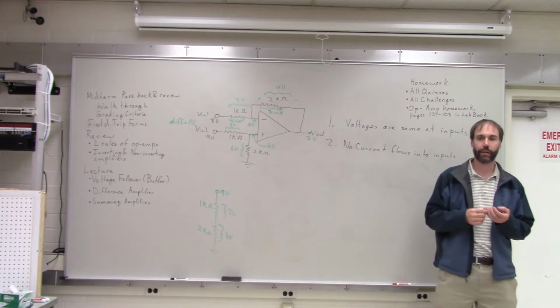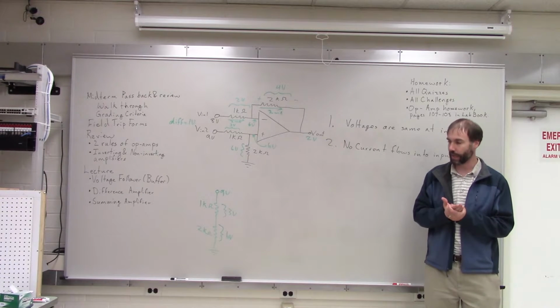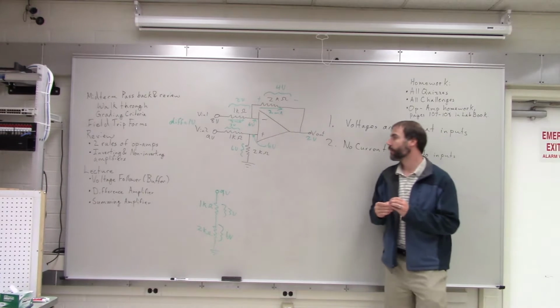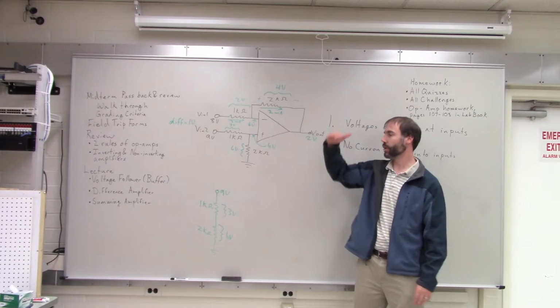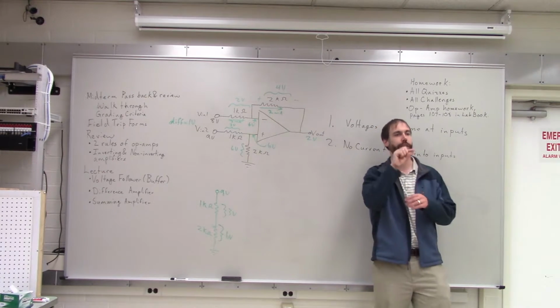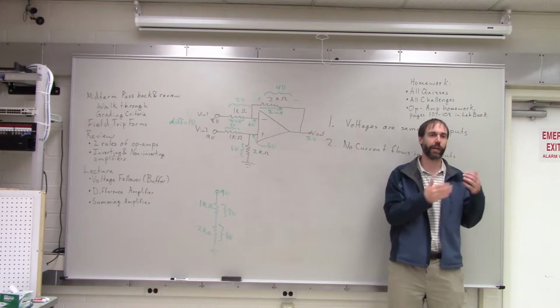So if you just had a standard amplifier and you were amplifying the entire signal, then if you multiplied it by 10, you'd get a 50 volt signal. But all you really care about is the difference between these two, right? You don't care that they're at 5 volts or 10 volts or whatever.